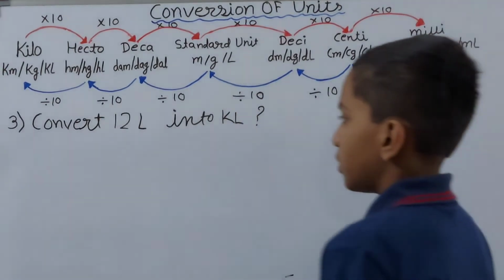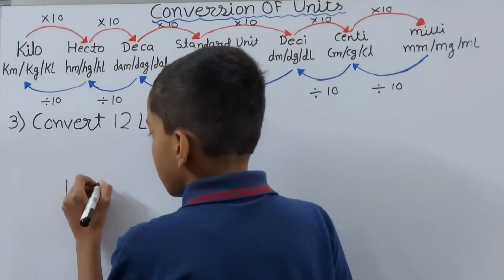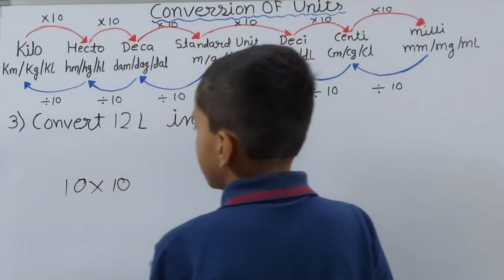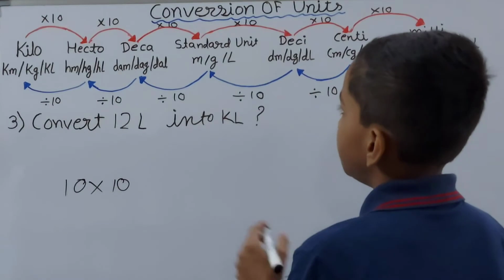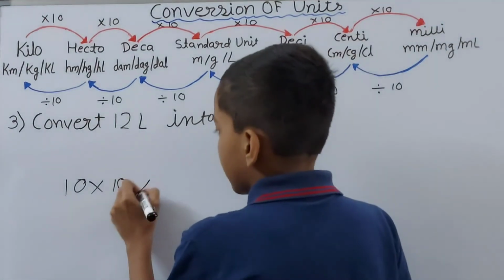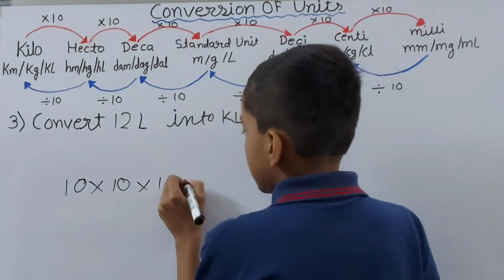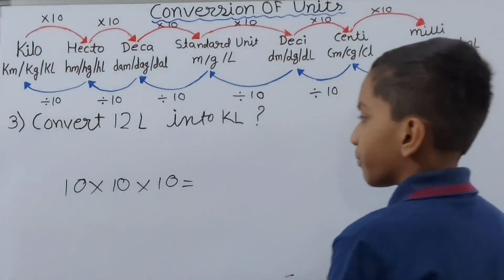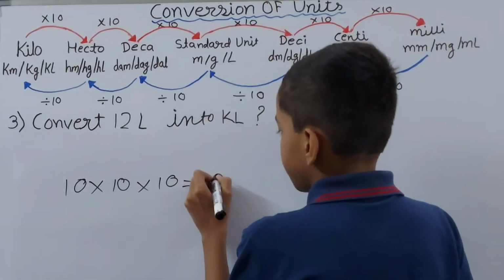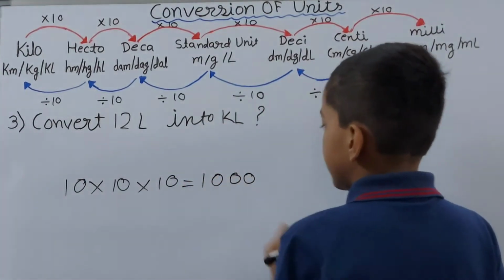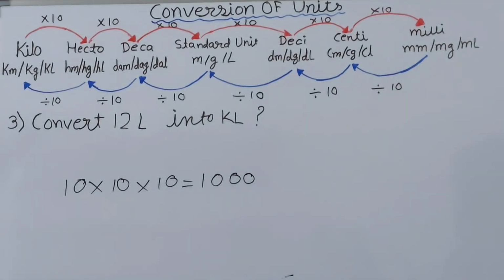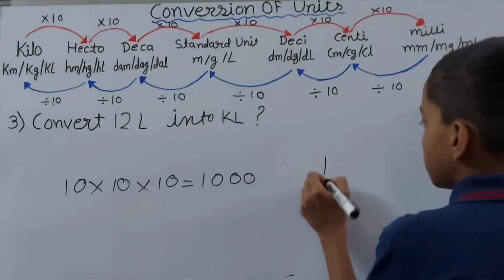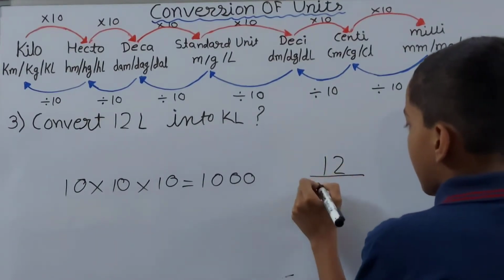Let's find the product of our 10 quickly, then only we will divide with it. Okay, so 10 into 10 and into 10 and again into 10. So that is 1000. That means we are going to divide 12 liters by 1000. So we are going to do the division like this, okay?